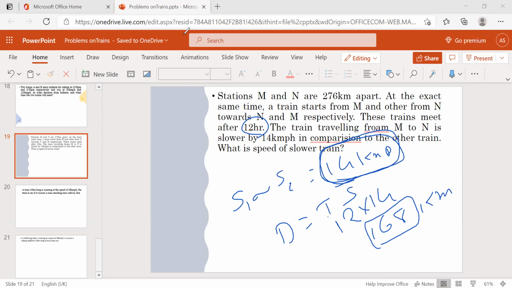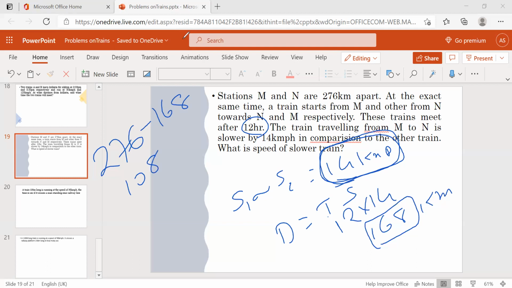Now, what's the total distance? 276. The faster train covers 168 kilometers more, so just subtract that 168. We get 276 minus 168, which is 108.